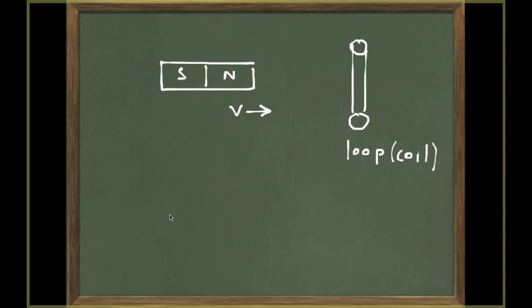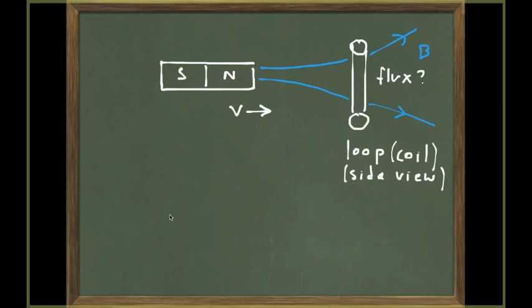The first question you have to ask yourself is, is there a flux that is changing in the coil? This is the coil. The flux is due to the magnetic field produced by the magnet. That's the external magnetic field.